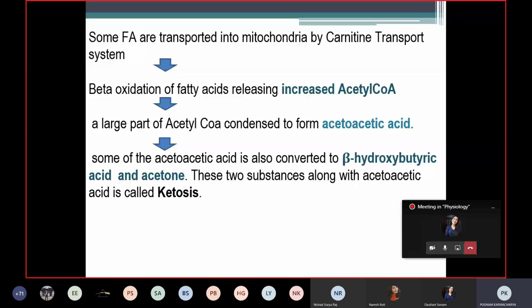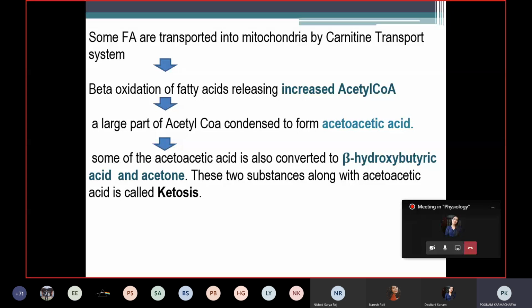In the mitochondria, there will be beta oxidation of the fatty acid, releasing increased acetyl-CoA, and this acetyl-CoA will be condensed to form acetoacetic acid, which will be further converted into beta hydroxybutyric acid and acetone. Together, beta hydroxybutyric acid, acetone and acetoacetic acid are called the ketone bodies. So in the absence of insulin, a person is susceptible to more ketone bodies, and the condition is ketosis.